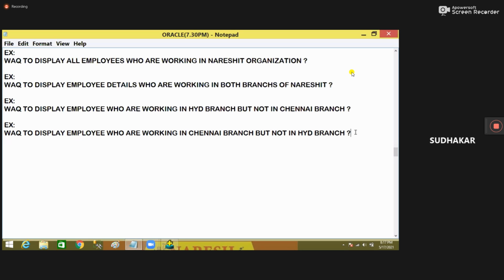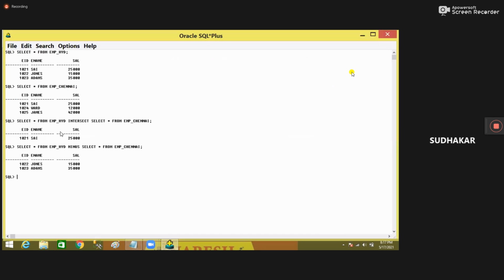When the question is like this, which table do I have to keep on the left side in the set operator? Select star from EMP underscore Chennai, I keep on the left side, and minus, and we write select star from EMP underscore HYD.